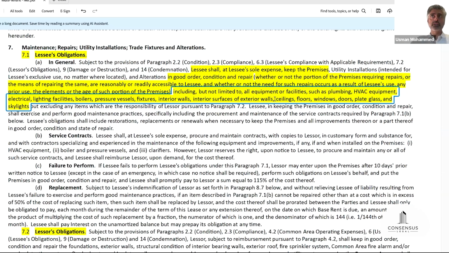So these are just examples of portions of the premises that lessee is responsible at its sole expense to keep in good order, condition, and repair.